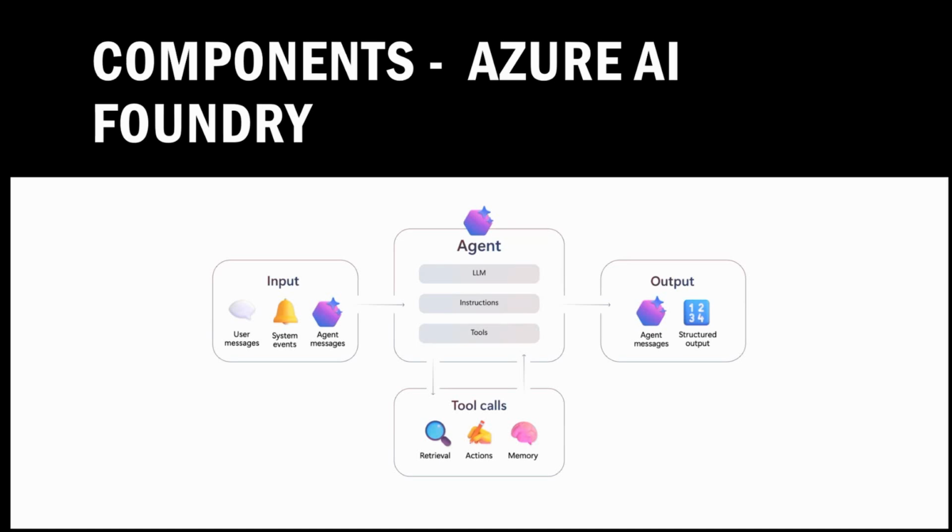The knowledge can be retrieved in terms of the memory that it tries to store, or in the format of actions being calculated, or in the format of retrieval from some knowledge base. Those details can be performed in the Azure AI Foundry for the Azure AI agent.